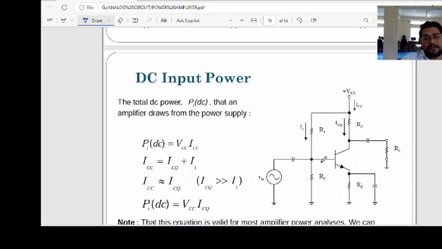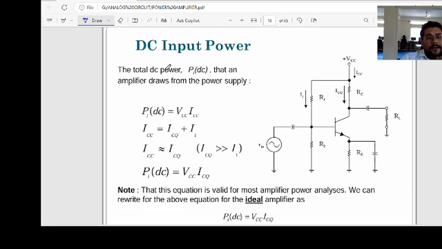DC input power: the total DC power that the supply delivers to the amplifier circuit. What DC current goes from the supply? ICC and VCC plus I1. The collector current IC goes from here and I1 goes from here.